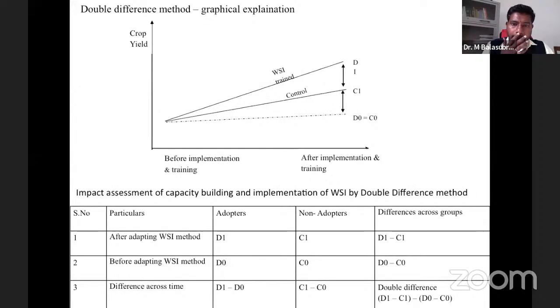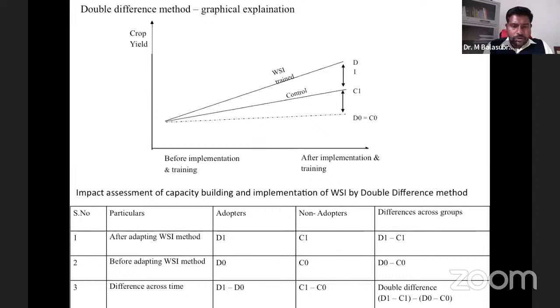From the graph you can identify the difference between these two, which gives the control groups before and after, and this figure gives the treatment group before and after.